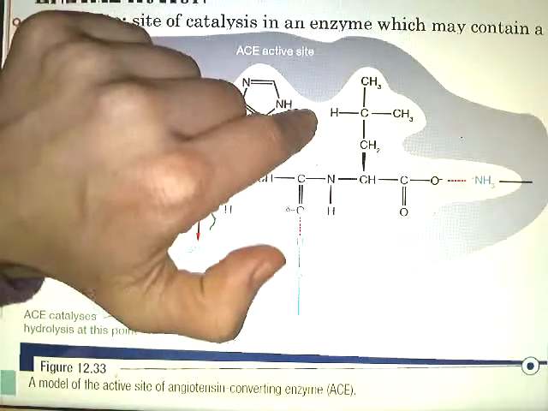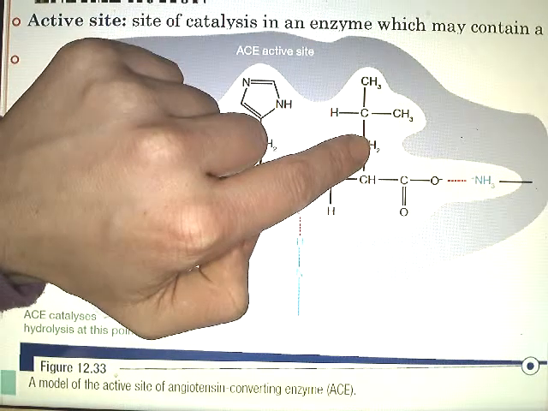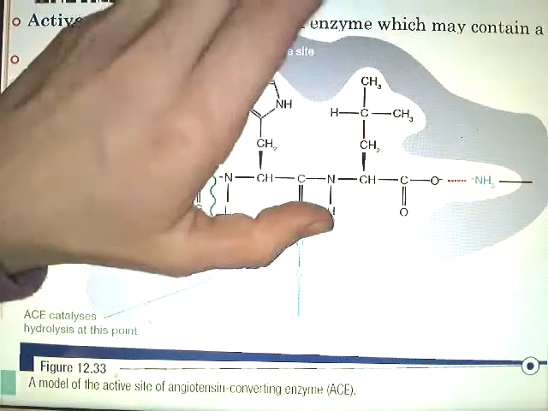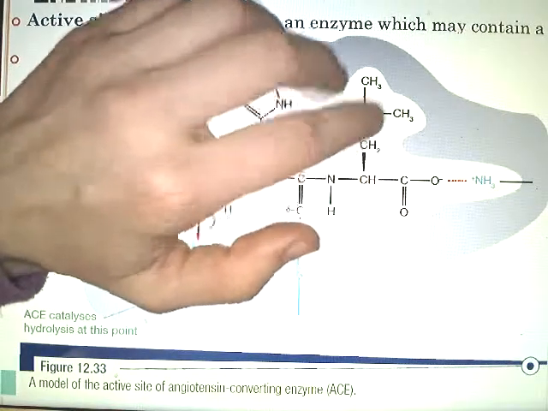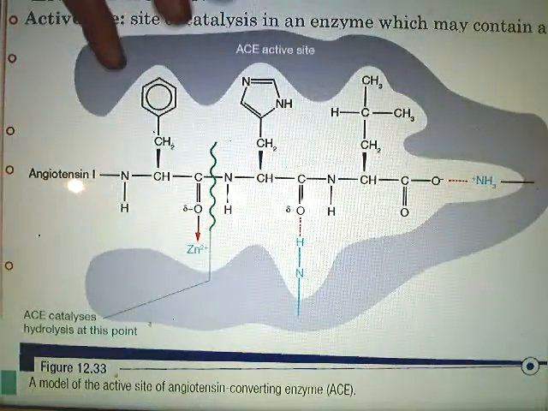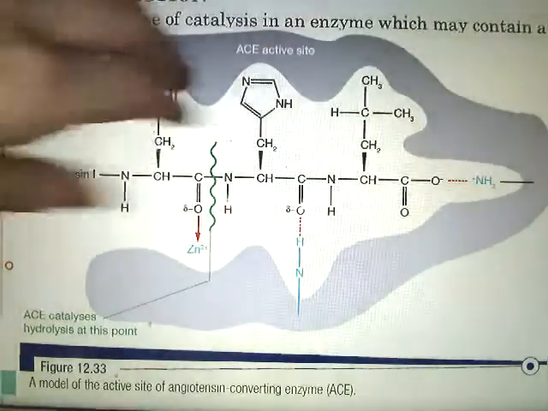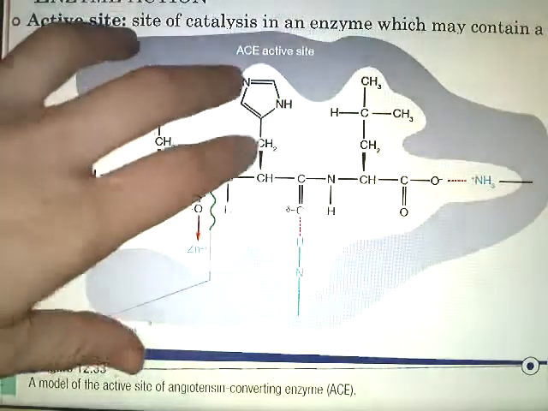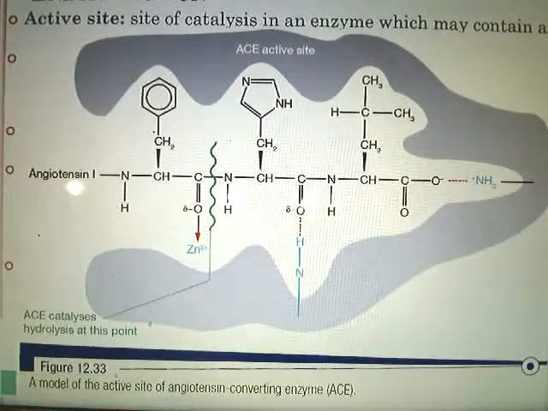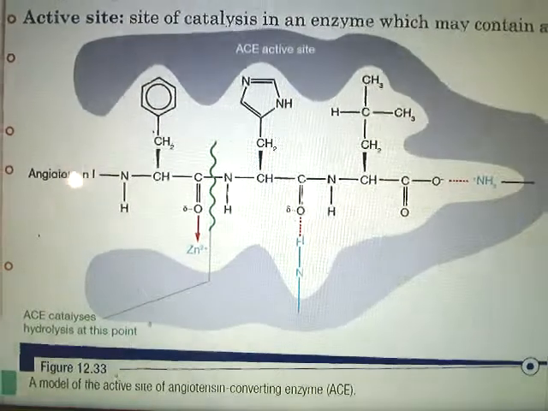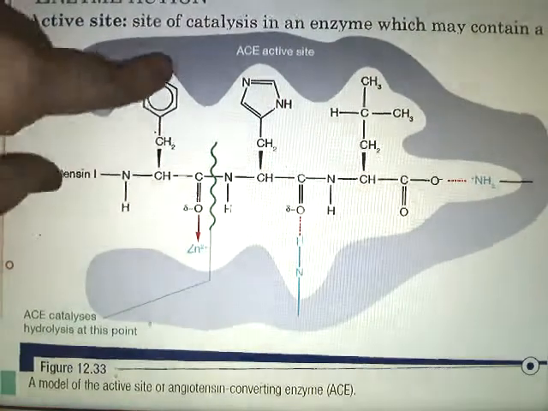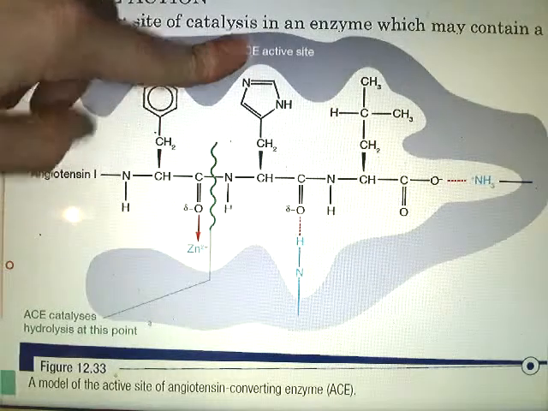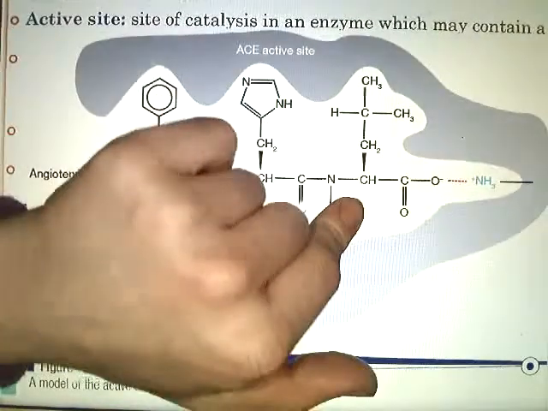Now we've got particular functional groups and branches and particular atoms in the angiotensin substrate which form specific bonds with the enzyme's active site. Here 3 of these bonds are shown.